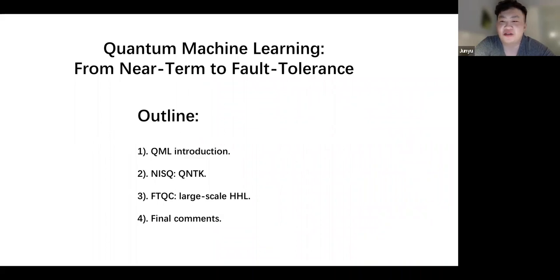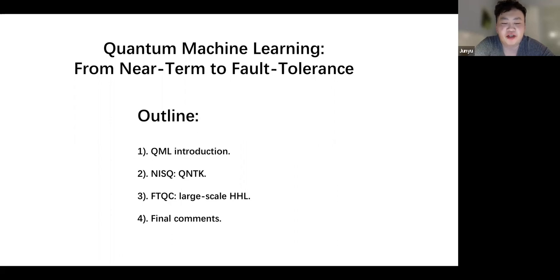And this is a simple outline of the talk. The talk is roughly split into two parts, one for the near term, another one for fault tolerance. In the first part, I will briefly introduce the theory of the quantum neural tangent kernel, QNTK, which provides a basic analytic principle for designing variational ansatzes and variational quantum algorithms in the NISQ regime.